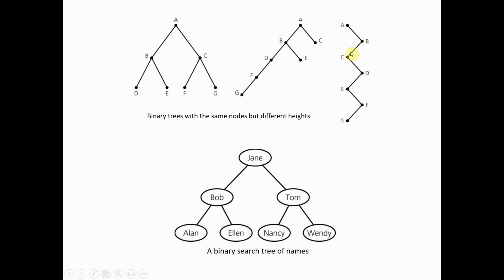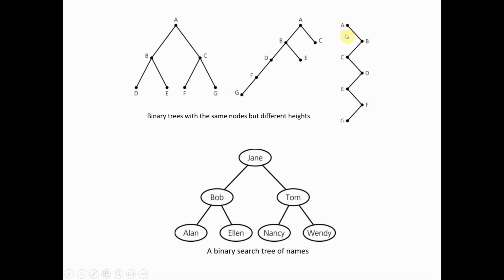In many applications, we want our tree to look something like this. This is the ideal case. We want the smallest height possible, so that we can get to every node very fast.